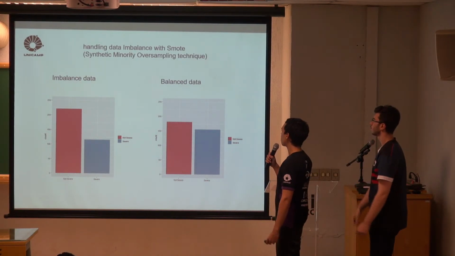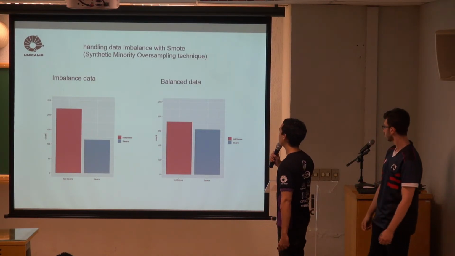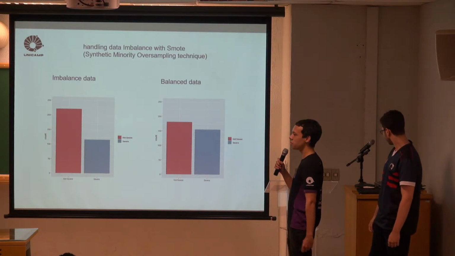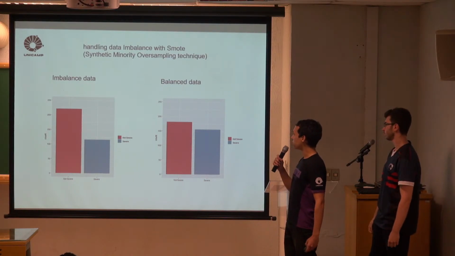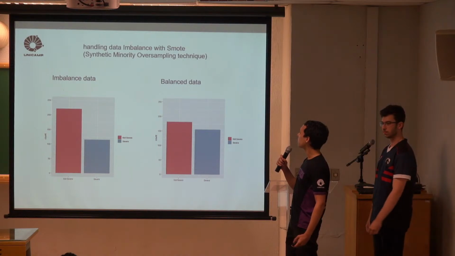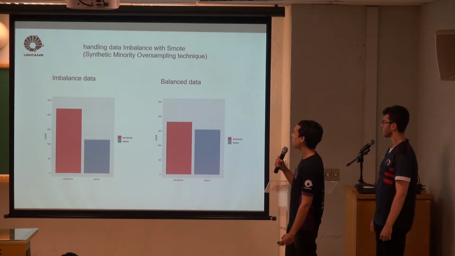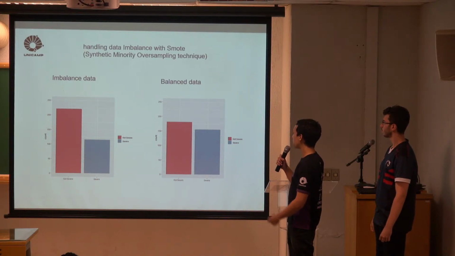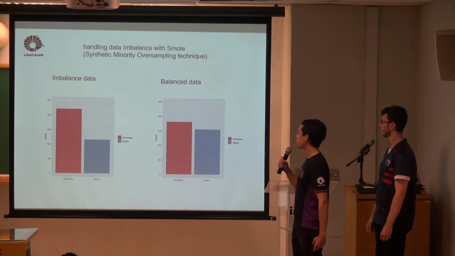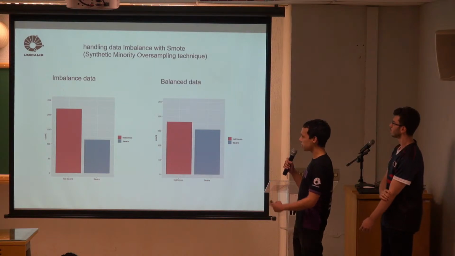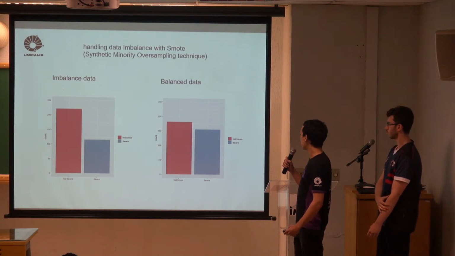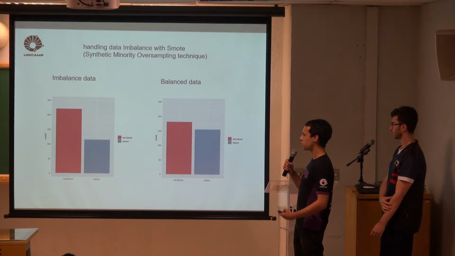Here, the proposition of our group was handling data imbalance with SMOTE. What is SMOTE? SMOTE is the Synthetic Minority Oversampling Technique. We will see in the presentation the consequence of using imbalanced data and balanced data to work with prediction with machine learning.